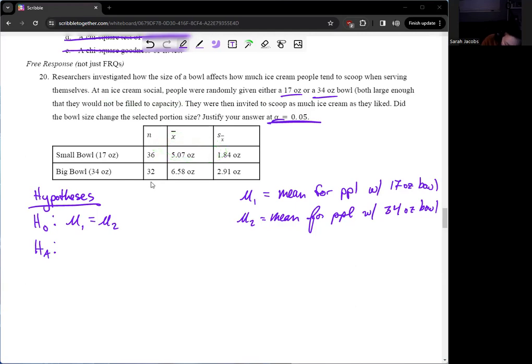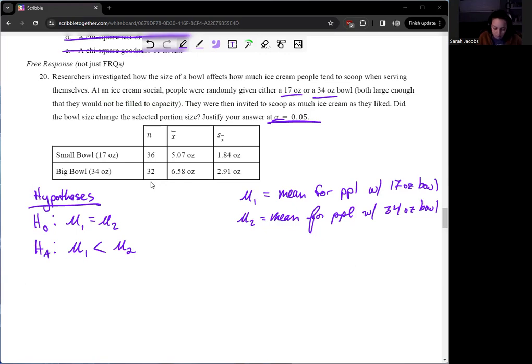So our alternative hypothesis is going to be that mu1, the 17-ounce bowl, actually results in a lower mean. There's an argument here for a not equal to. We could double our p-value and see when we get there.